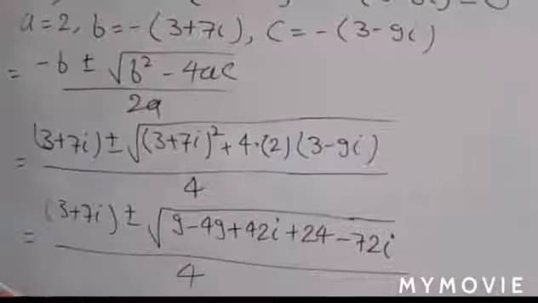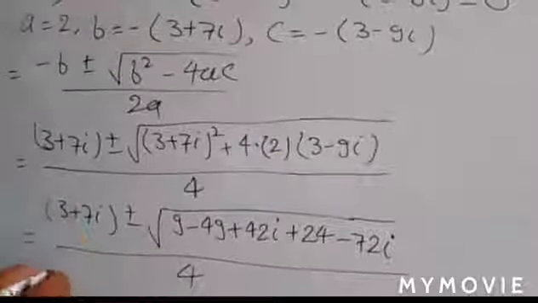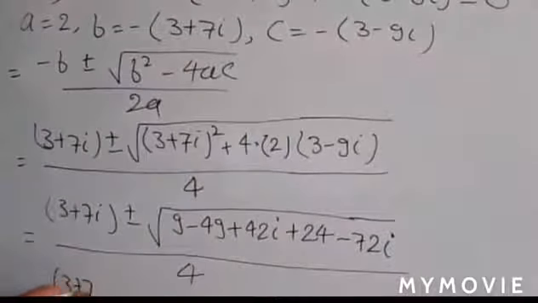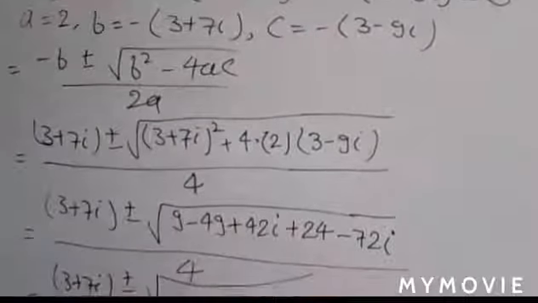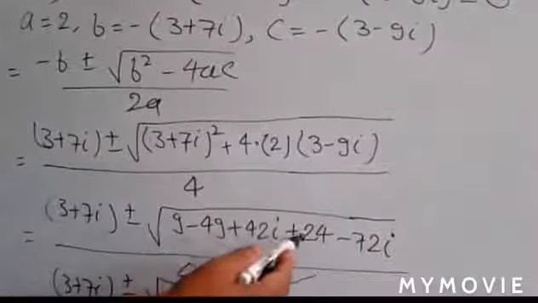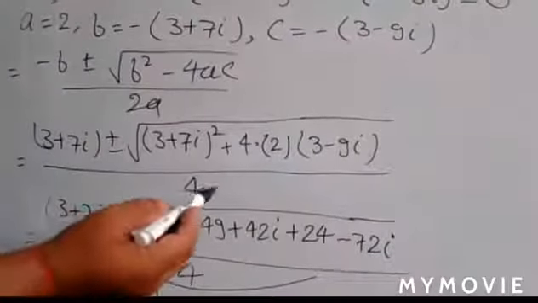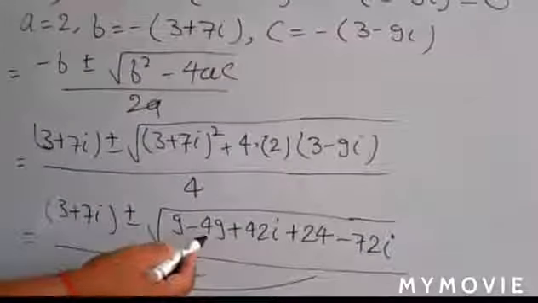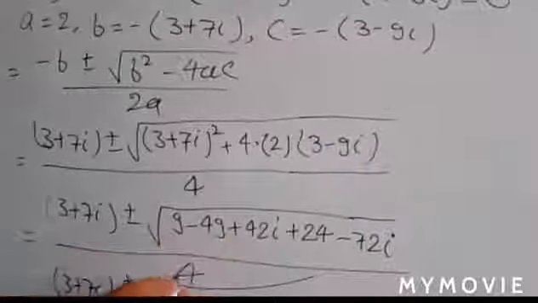Understand? Now, here you have 4. Just write here 3 plus 7i plus minus root of, simplifying this term, 9 plus 24 is 33, and here you minus 49. So just see what you are getting here.